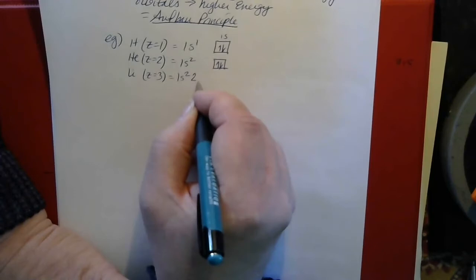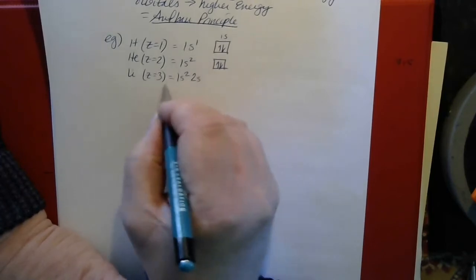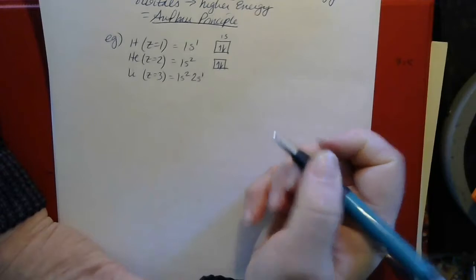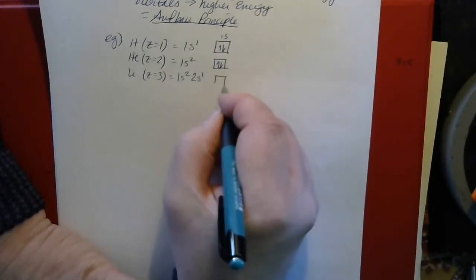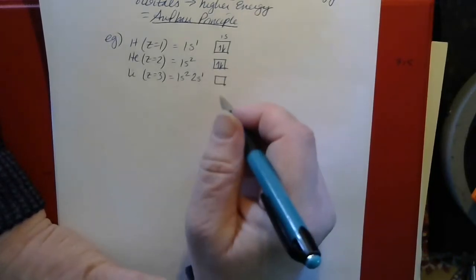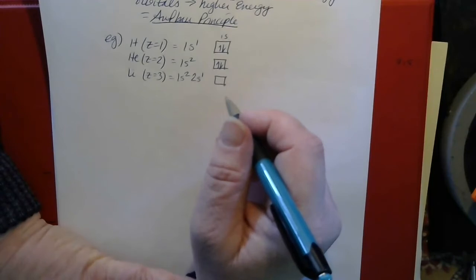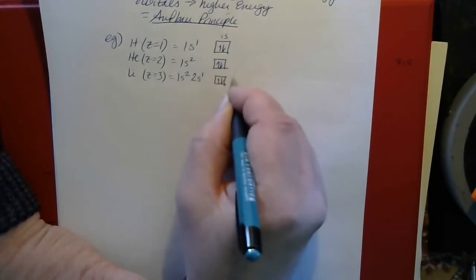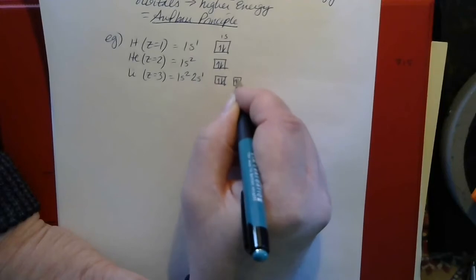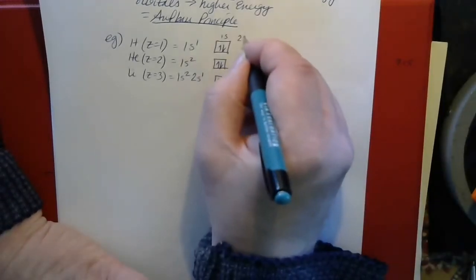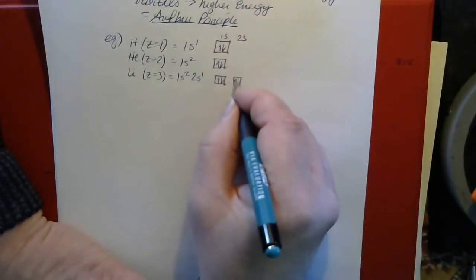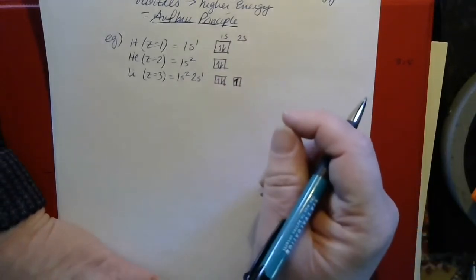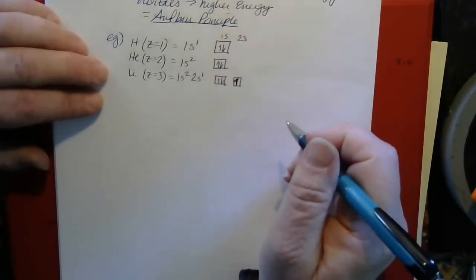So it's going to be 2, and it's going to be an s-type orbital, and there's only 1 electron left to go into it, so that's 2s1. So 1s2, 2s1. And so that's 1 electron in the 2s orbital.